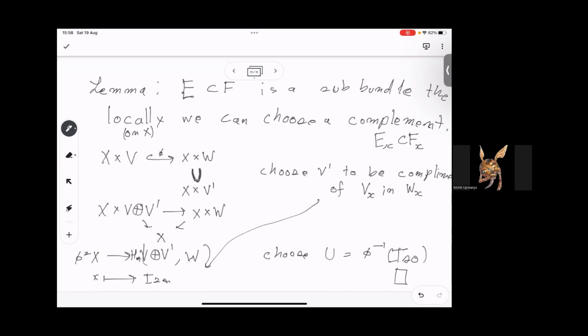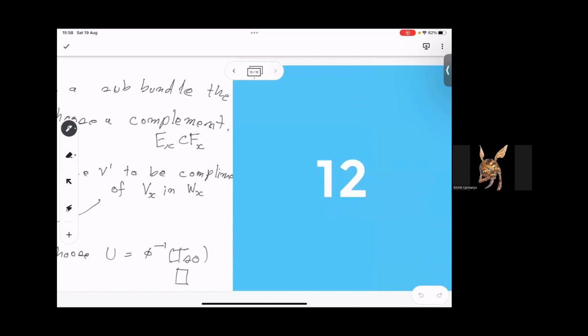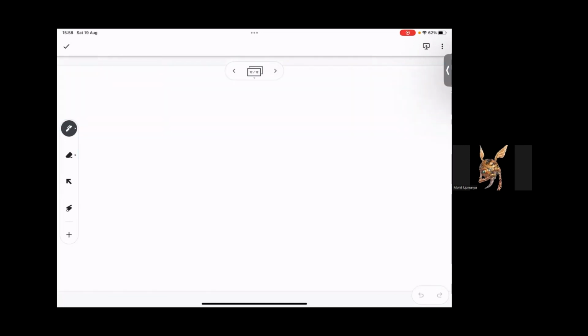And then we have a consistent complement, at least in a neighborhood. Right? So a consequence of this, so everybody with me till now? Yep.